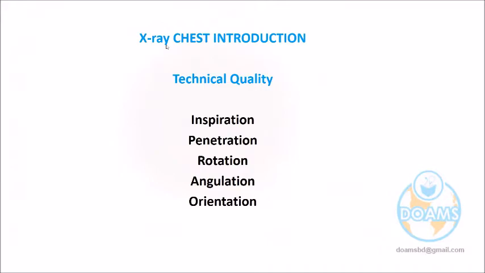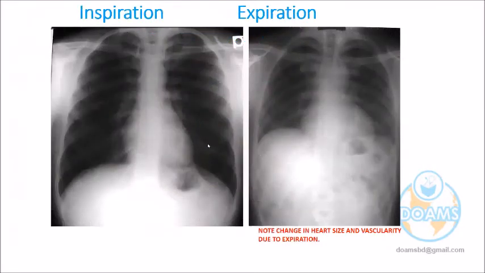Before going to the disease state and the questions, let's see the technical quality of the X-ray, especially the chest X-ray. We need to consider these 5 points. First, was an inspiration film taken or not? Inspiration, expiration. Usually the radiographer takes the X-ray in this manner, at the height of inspiration.